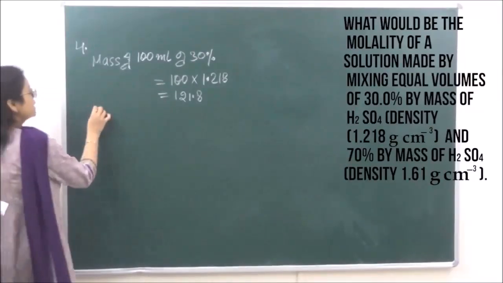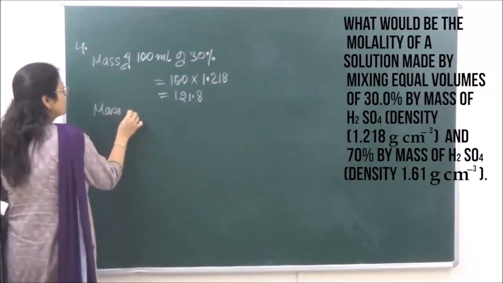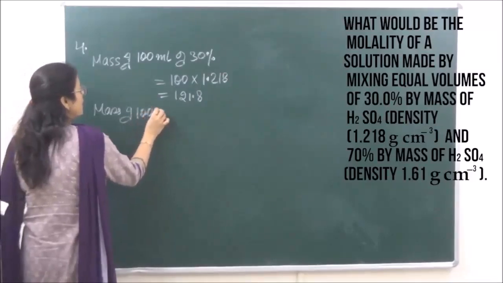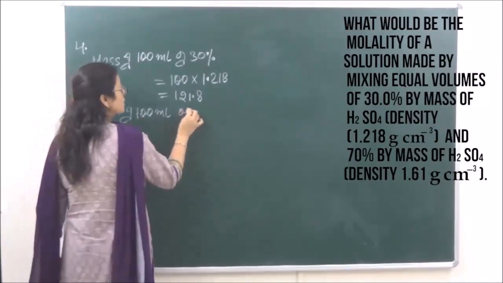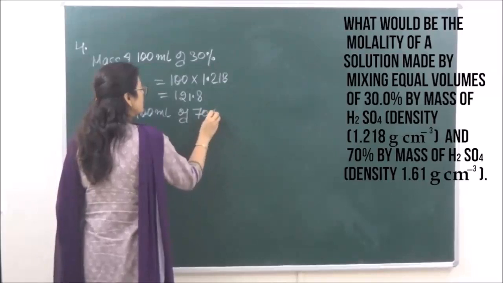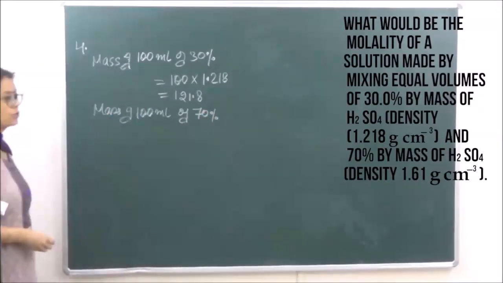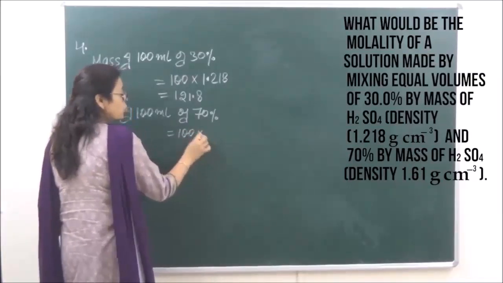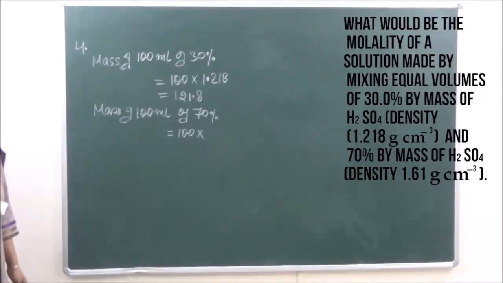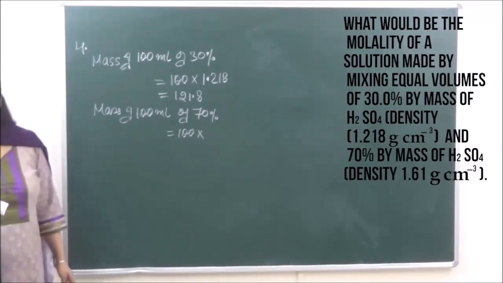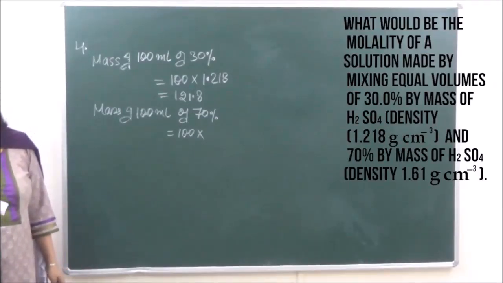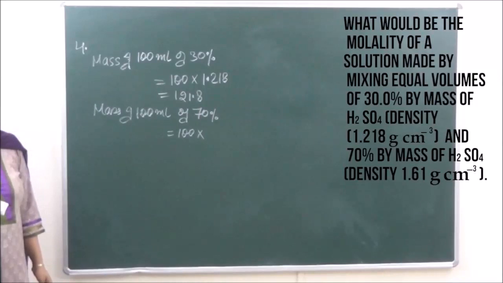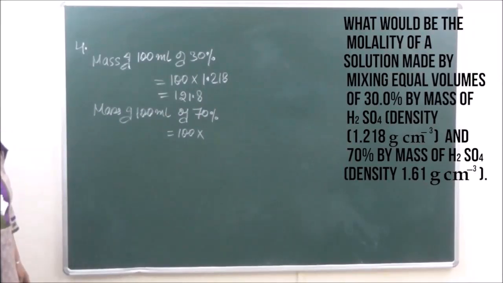Similarly, we calculate the mass of 100 ml of 70% solution. So again, 100 into density of the second solution, given as 1.610.